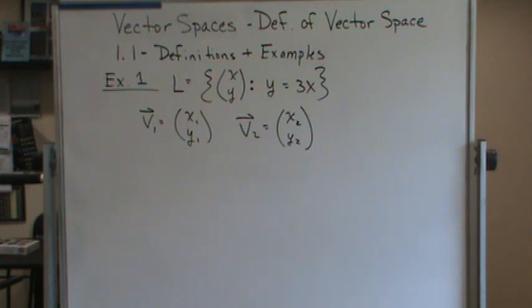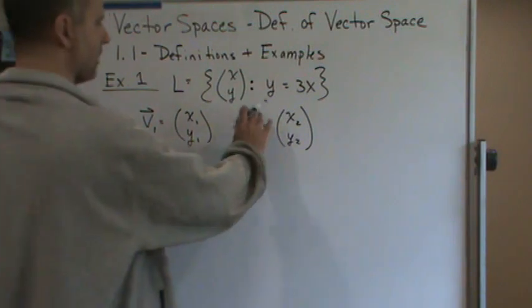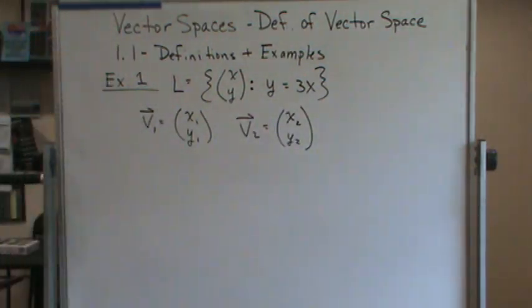And these are all from the line L. Right? So this is two-dimensional space, so this represents a line. And so we want the vectors that represent all of those conditions. So these two, V1 and V2, are both in L.